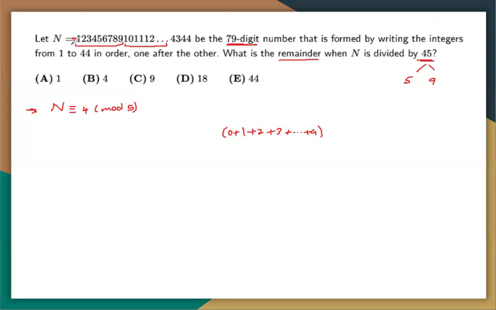When we have the numbers after 10, including 10, this group of 10 digits repeats 4 times.